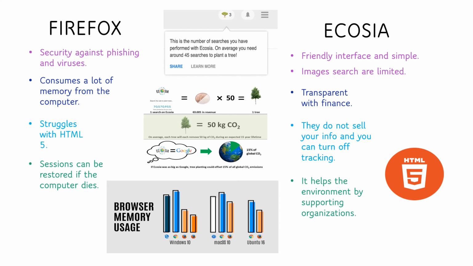They do not sell your information, and you can turn off tracking if you like, so they don't get more information on you and just sell it or use it for anything else, or you get too much spam in your emails. And one interesting fact about Ecosia, it helps the environment by supporting organizations that support the environment, planting trees, or other types of things that have to do with the environment.